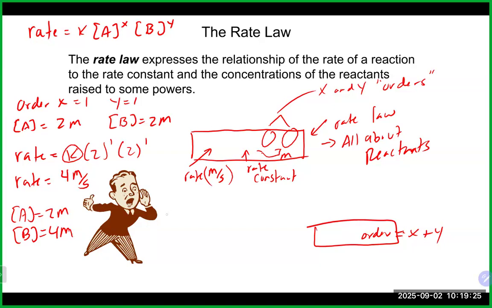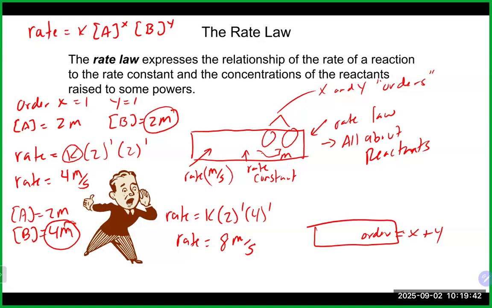If I put that in, my rate would equal K, 2 to the 1 and 4 to the 1. My rate in this case is now 8 molar per second. So what happened is I doubled the concentration of B, and the rate doubled as well, right?